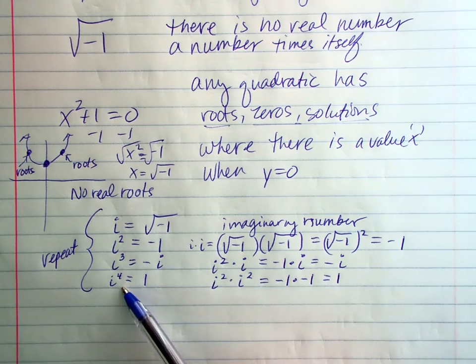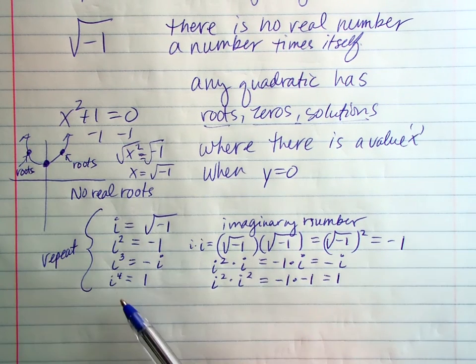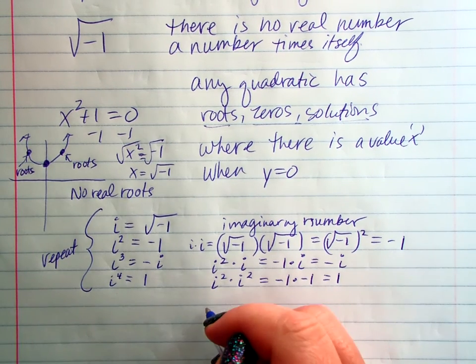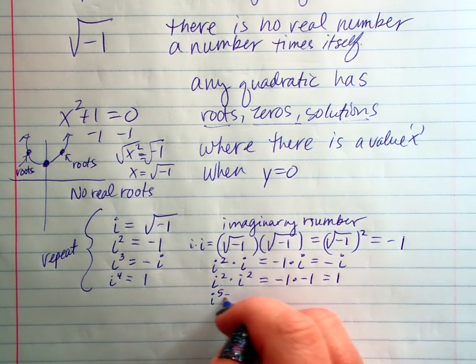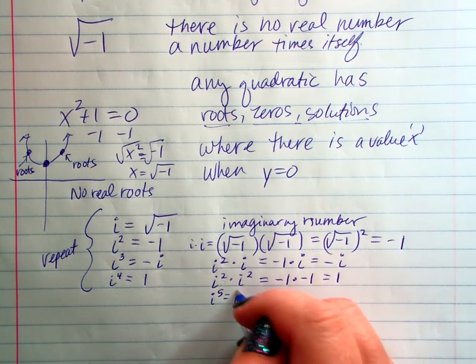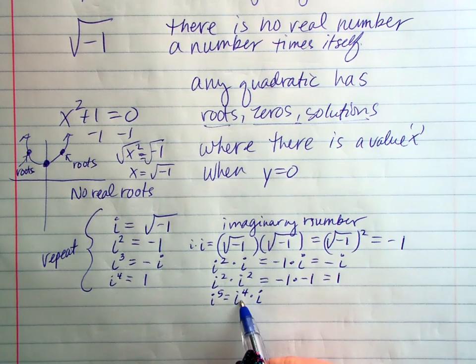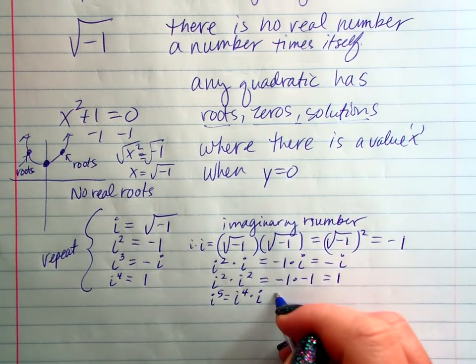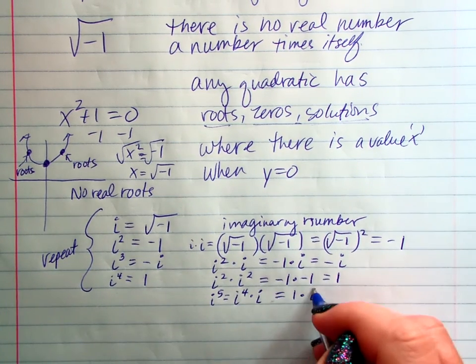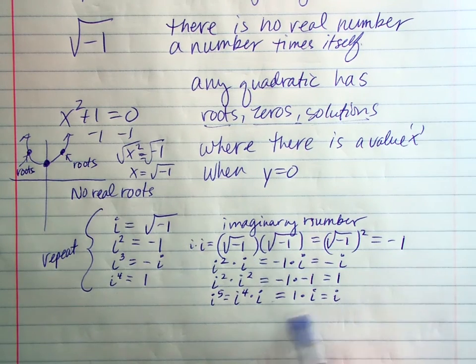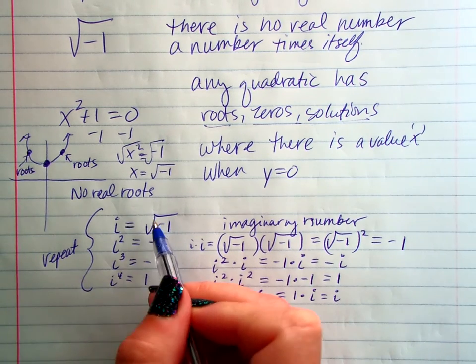So i to the fifth is just going to go back up here to this one. Well, why is that? Because i to the fifth could be rewritten as i to the fourth times a plain i. We know that by definition, i to the fourth equals 1. 1 times i just equals i. It brings us back up to this top row.